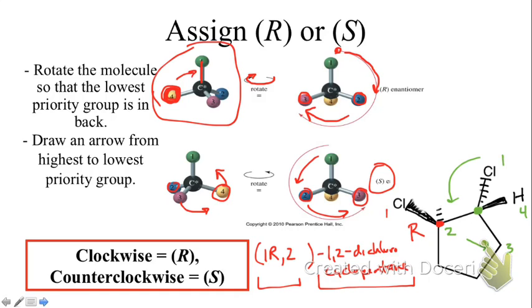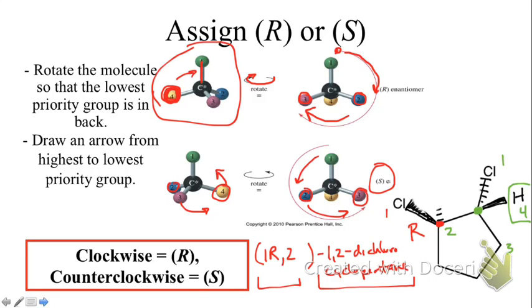Why are you wrong? Well, the last rule as far as assigning our chirality goes is we must have our lowest priority aimed away from us. That hydrogen is currently aimed at us. That's not going to work. So we have to flip or rotate the structure so that we can see it from the proper viewpoint.